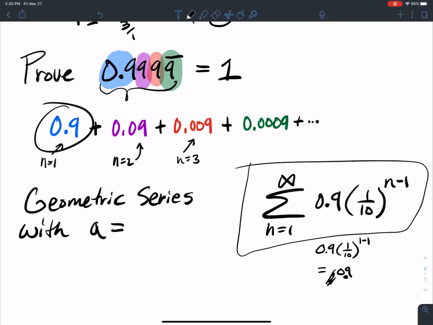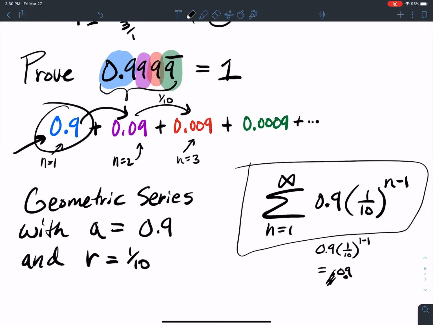It's geometric with a equal to, well, what is the first term? The first term is 0.9. Okay, and r equal to, what's the common ratio? How do I get from 0.9 to 0.09? How do I get from 0.09 to 0.009? I multiply by a 10th, 1/10.